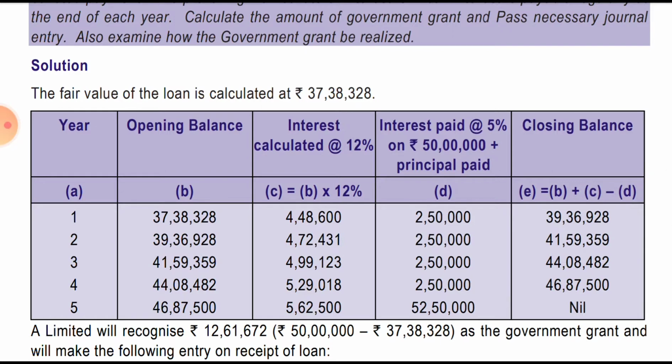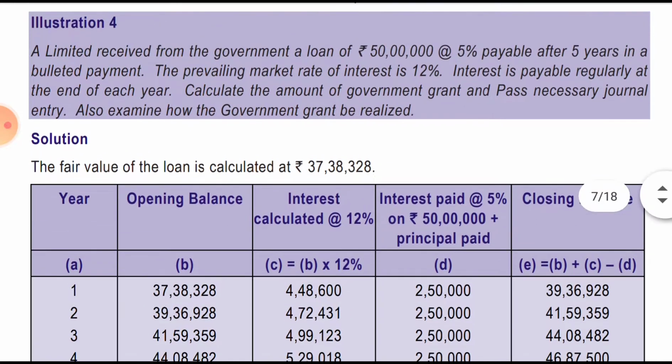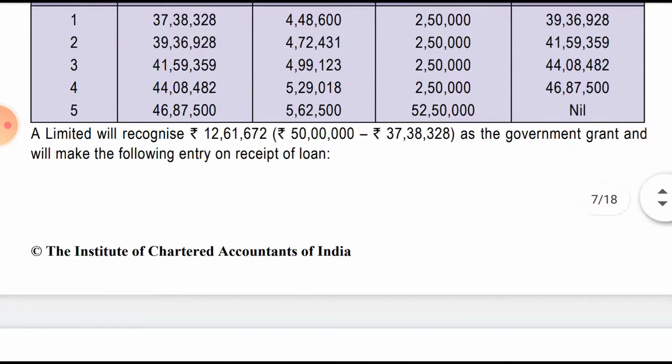That will also be discounted to derive the present value of that outflow. So we'll get 37, 38, 328. If we deduct that from 50 lakh, that is 12 lakh 61,672. So that will be the government grant, and we will make the following entry.